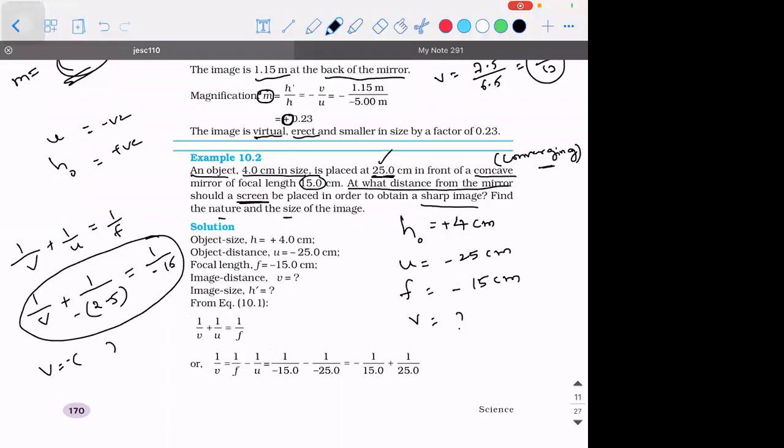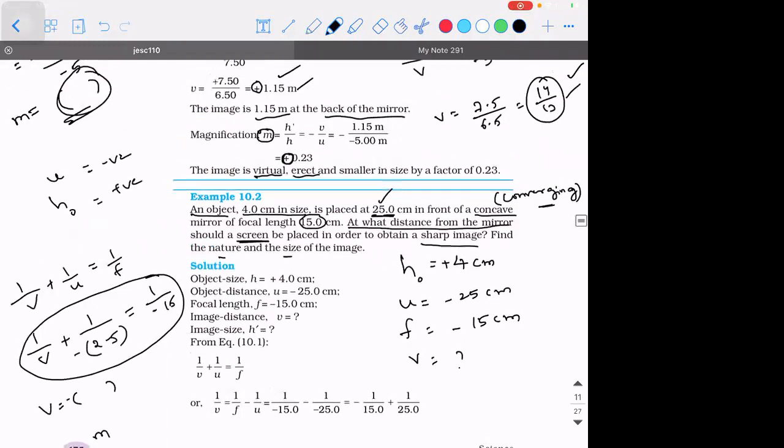Yes, it will be greater than 1 because the image is formed beyond C. Beyond C means the image will be magnified. Similarly, will the magnification value be positive or negative? In the previous case, I told you, magnification value is positive, it is always a virtual image.